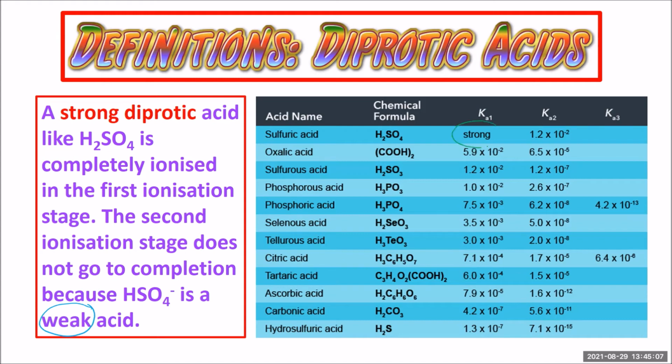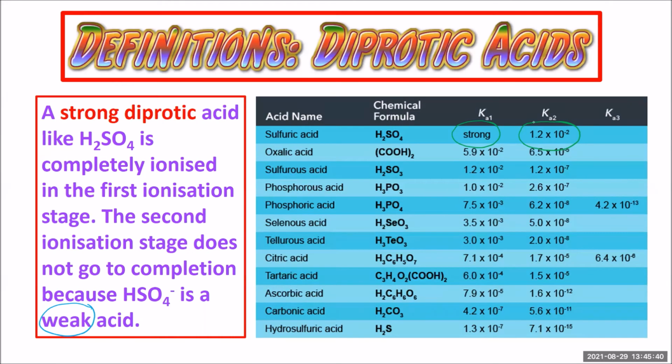So sulfuric acid is strong here, but the ionization constant for the second step is really quite small. So in real practice we would not get 2 hydronium ions out of this. We would get, per sulfuric acid molecule, more likely for 1 mole of sulfuric acid molecules to produce in between 1 and 2 moles of hydronium ions.